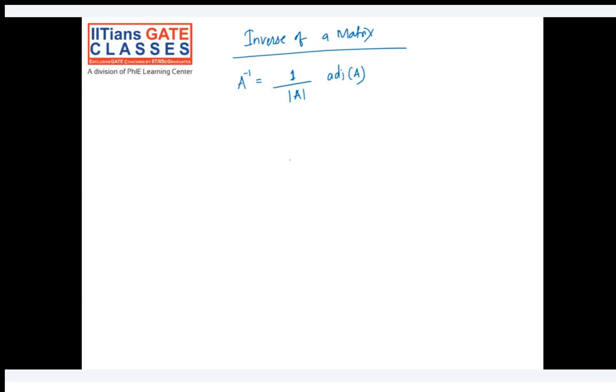is that if the determinant is equal to 0, then A inverse doesn't exist. And that type of matrix is called a singular matrix.